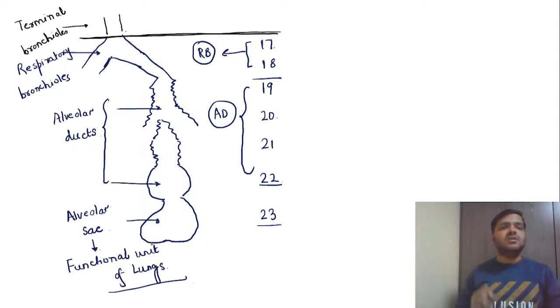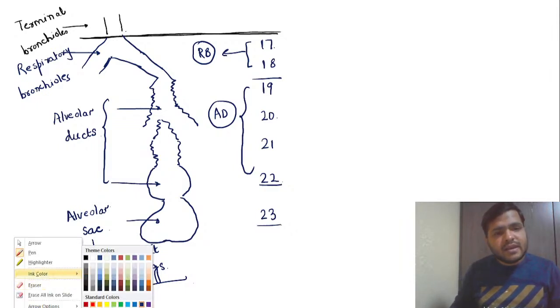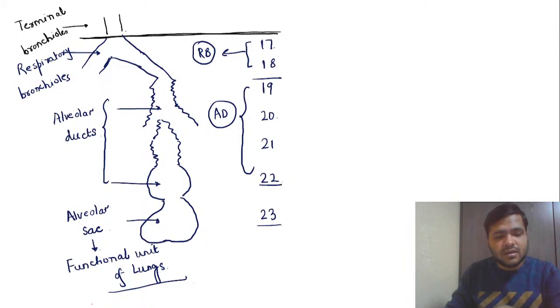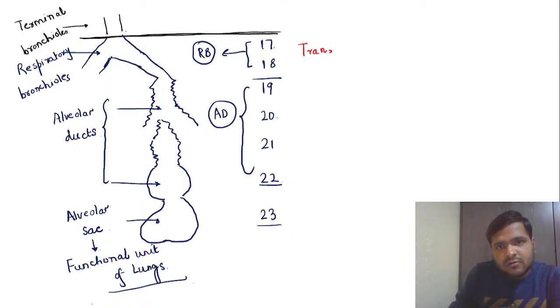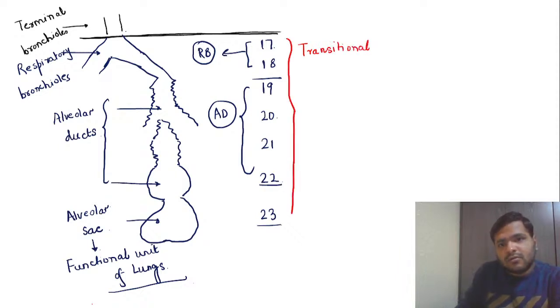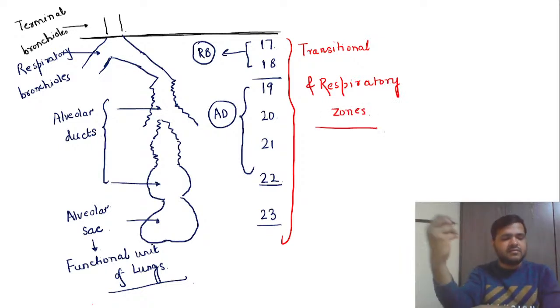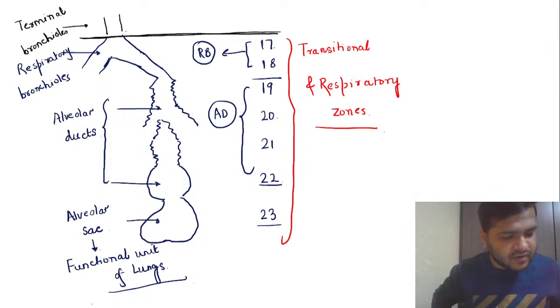Now, this pathway is commonly called the transitional and respiratory zone.